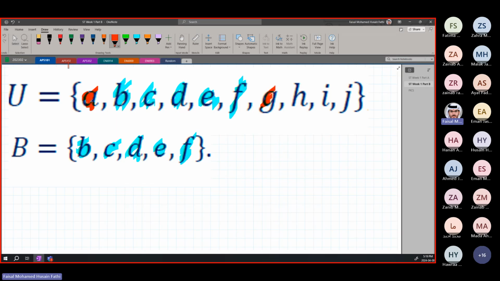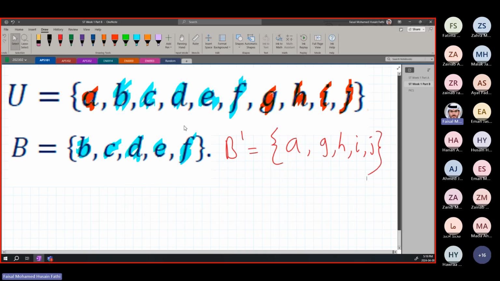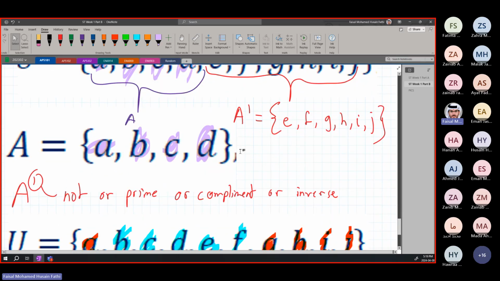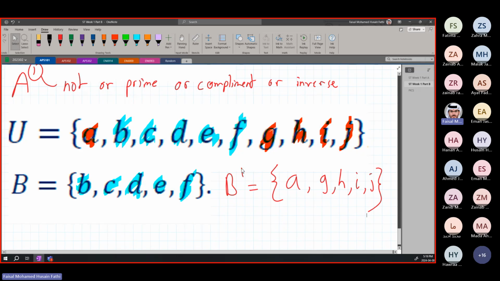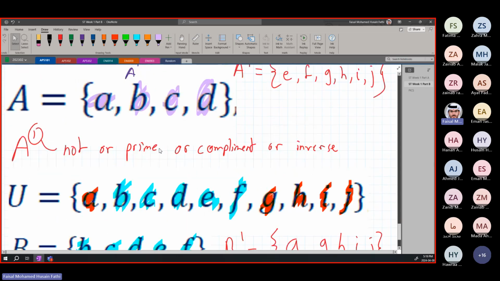A, G, H, I, and J. So B prime is going to be equal to A, G, H, I, J. This is the definition of prime, inverse, or complement, or even just not A naught or B naught. This is what it means when you see the symbol, the power of 1. It means that it is the inverse or the opposite or the complement or the prime of the original set.